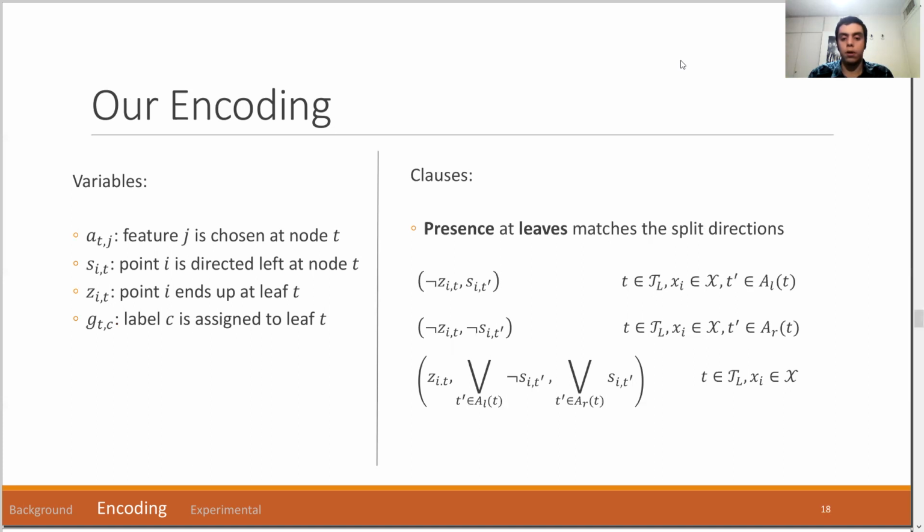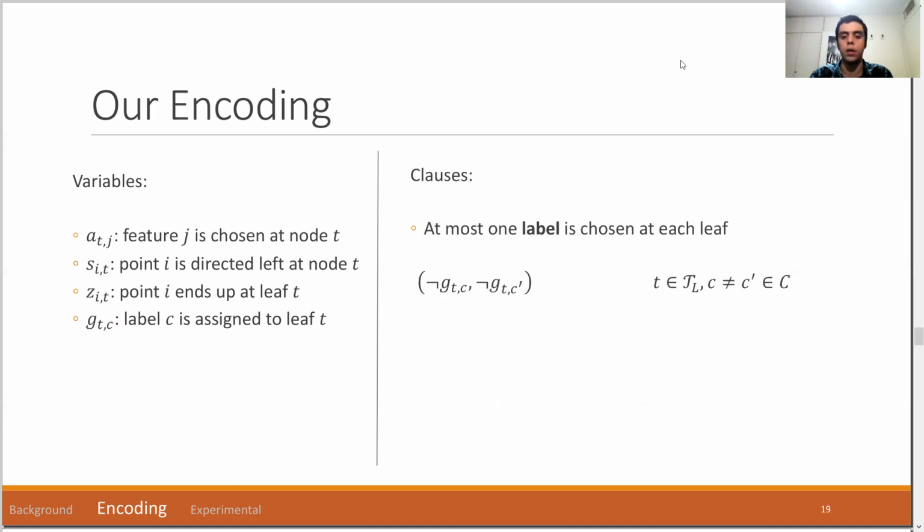The fourth one makes sure that whenever we say a data point reaches a leaf, that presence matches all the split decisions that are made along the way to that leaf. So this is a bit more complicated, but still fairly easy to follow. And the last one just makes sure that a leaf in the tree doesn't have two labels, because that's cheating. Because if you do that, we're able to correctly classify two conflicting data points.